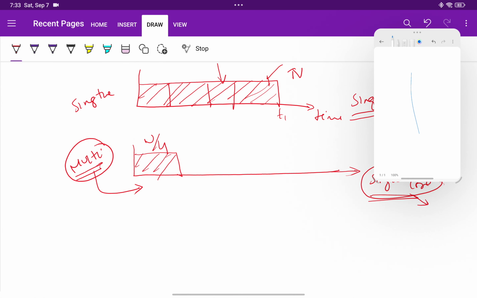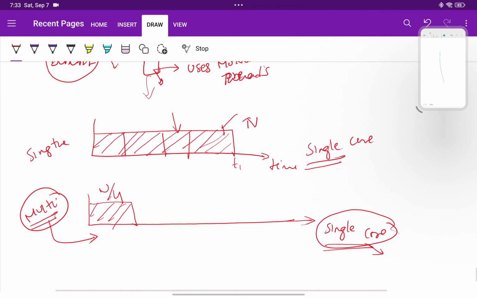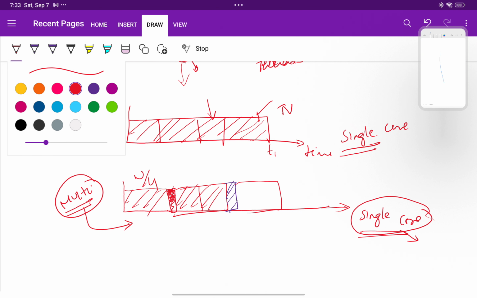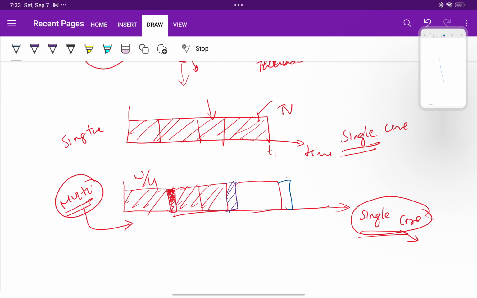It is doing n by 4 tasks, and this much amount of time it is doing nothing. It is sitting idle. Now again it is doing the same n by 4 task, and then after this much amount of time it is sitting idle. Then it is doing n by 4 task, then it is sitting idle.